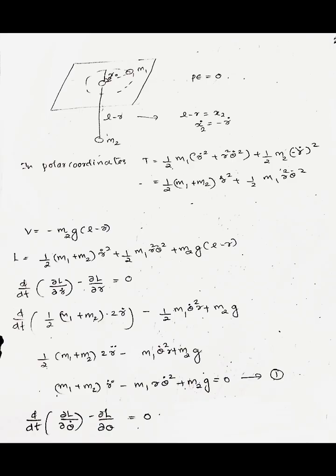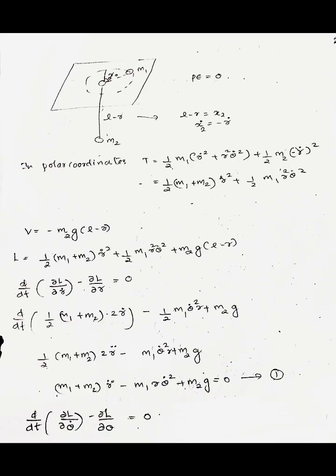So in polar coordinates T is equal to half m1 into r dot square plus r square theta dot square, plus half m2 into x2 dot square, that is minus r dot square. So this is equal to half into m1 plus m2 into r dot square plus half into m1 r square theta dot square.